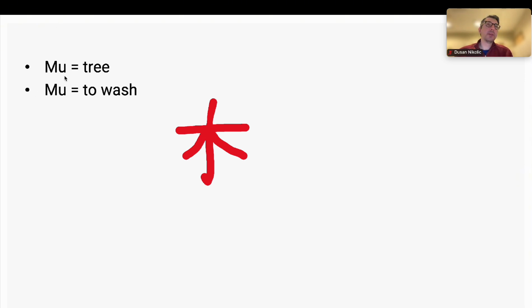But with the same structure of the word, they are pronounced in a similar manner with a different tone.